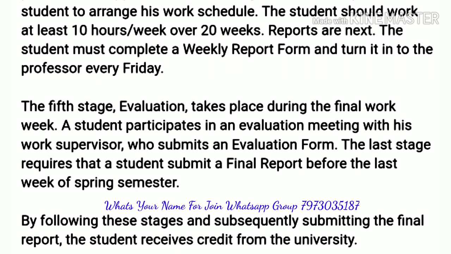Like for the application stage, we can write that first, in the application stage, a potential workplace from the approved list has to be chosen by the student. Thereafter, interviews have to be arranged by the student. So this is the second sentence you can use.